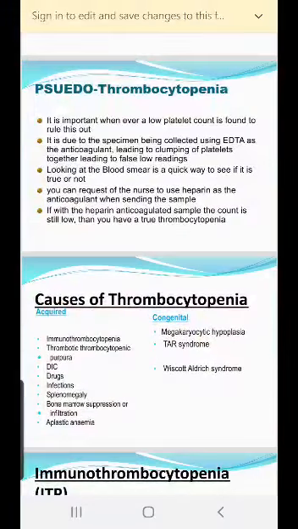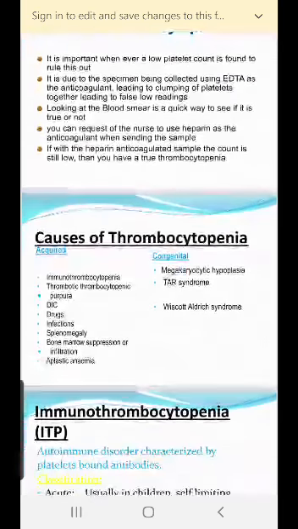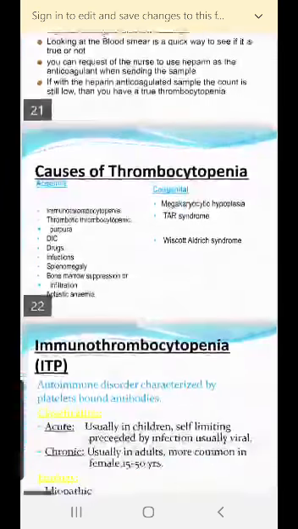We ask for a citrate sample. We tell the clinician there is a faulty collection, the platelets are getting aggregated in the EDTA tubes, so we want the sample in citrate or heparin, which will help prevent them from clumping, and we can have a true count of the platelets.